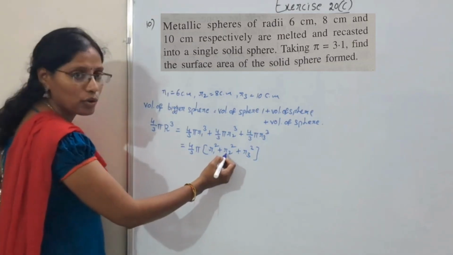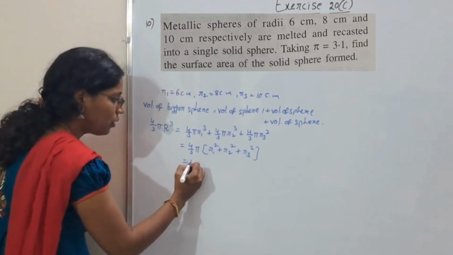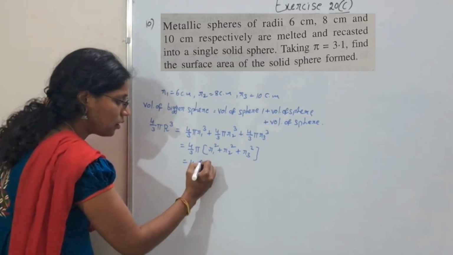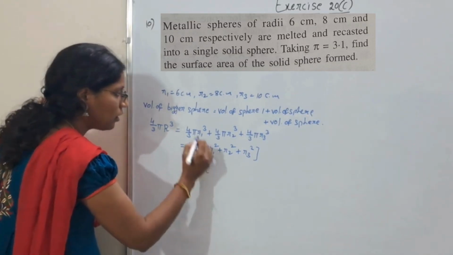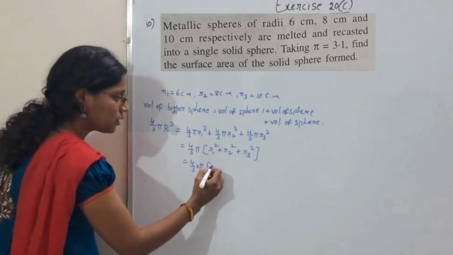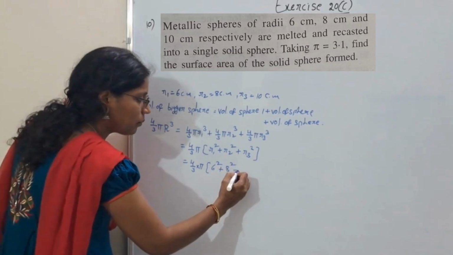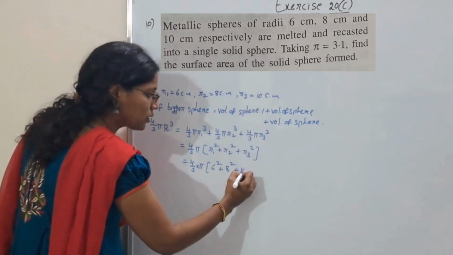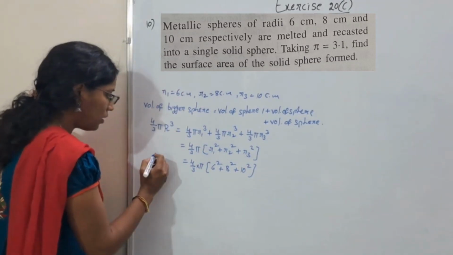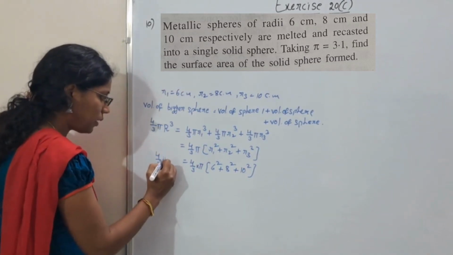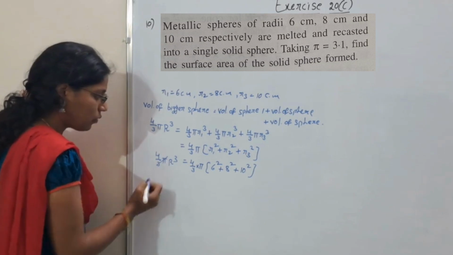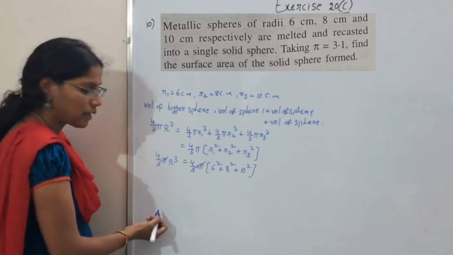Here we have to substitute R1, R2, R3 values. 4 by 3 into pi, R1 6 cube plus R2 8 cube plus R3 10 cube. Here RHS 4 by 3 pi capital R cube. 4 by 3 pi cancels.